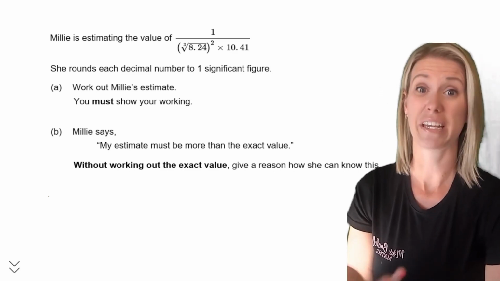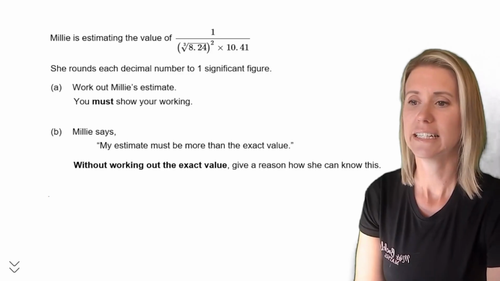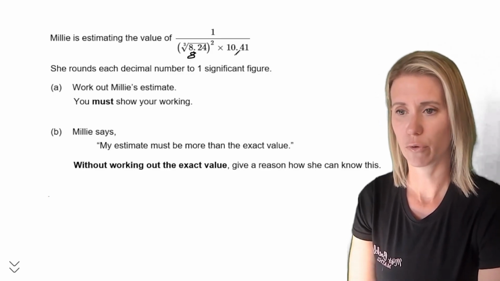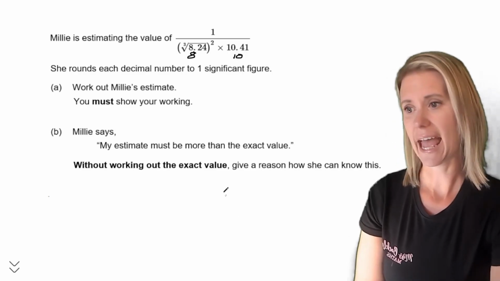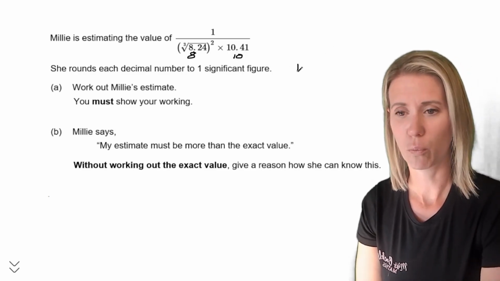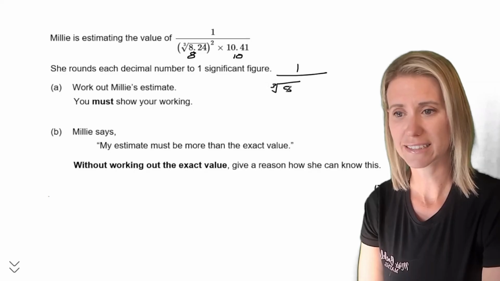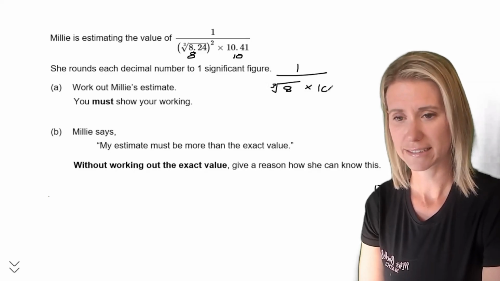Okay, so once again, we need to do the rounding to one significant figure. 8.24 is going to go to 8. 10.41 is going to go to 10. Now this time we're actually doing 1 divided by the cube root of 8 multiplied by 10.